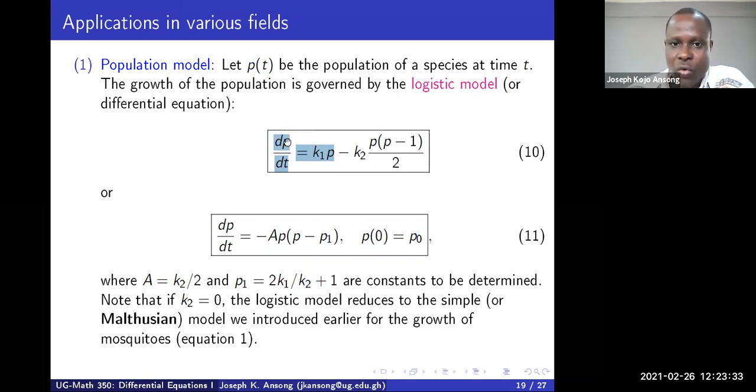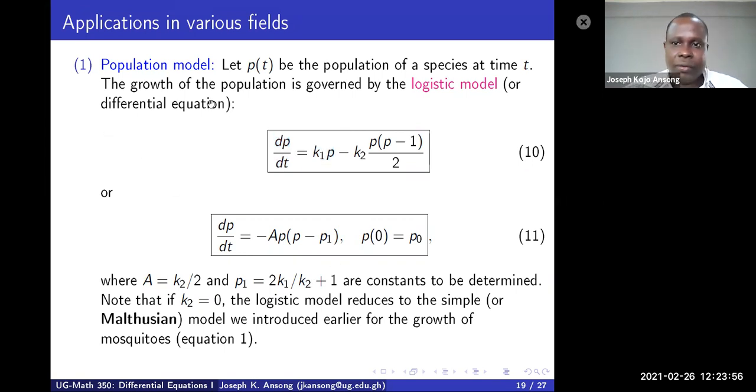This is the same, where P now is the M that I used earlier on, okay? So when K2 is 0, this simplifies to a simpler model, and it's often called the Malthusian model. It's a simple model because it doesn't capture other parameters of population growth.